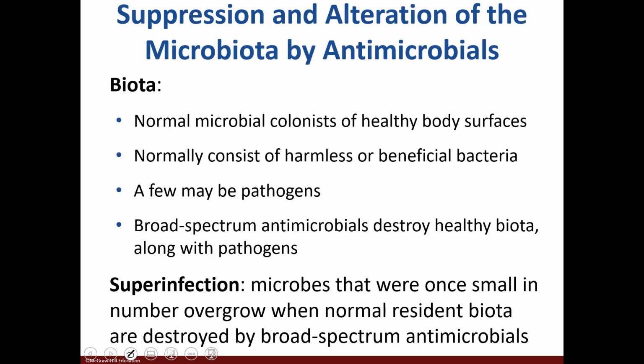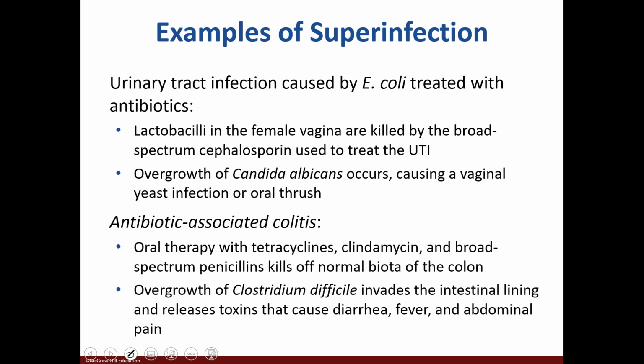Our biota, or normal flora, helps to protect us against pathogens. However, we do have a few pathogens. Broad-spectrum drugs can wipe out our normal biota along with the pathogen. A superinfection occurs whenever our normal flora is decreased or destroyed. Let's say a woman has a UTI caused by E. coli.